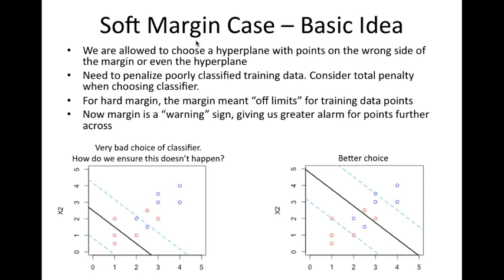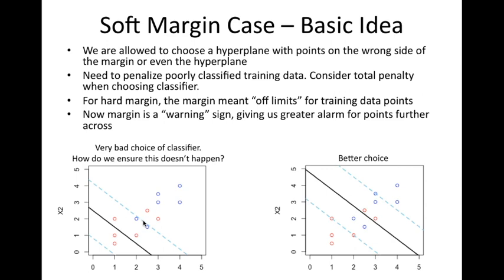So now that we're softening the margins, we are allowed to choose a hyperplane with points on the wrong side of the margin, or even on the wrong side of the hyperplane, so misclassified entirely. So then what is stopping us from picking really weird or bad classifiers like this one, where every blue point is on the wrong side, the margins seem to be just kind of at random?